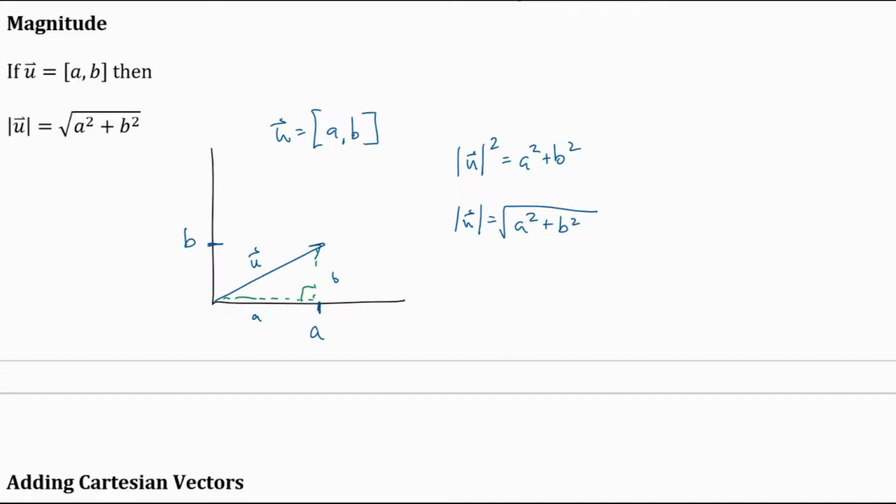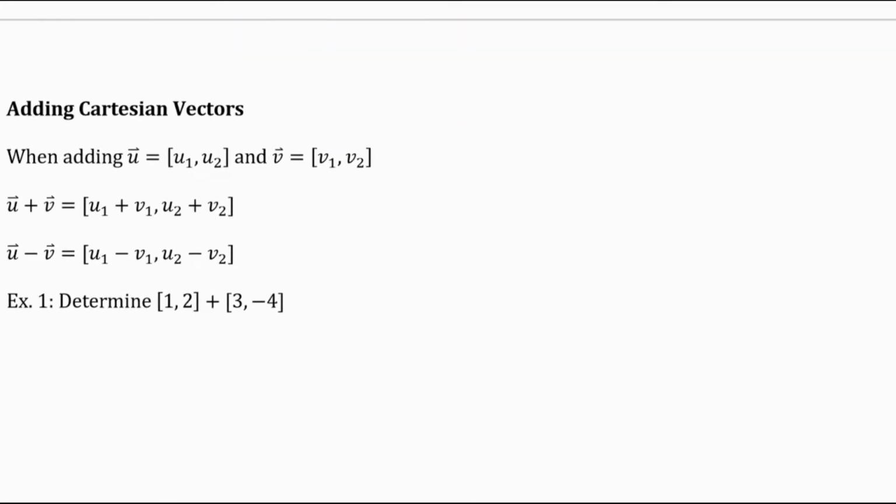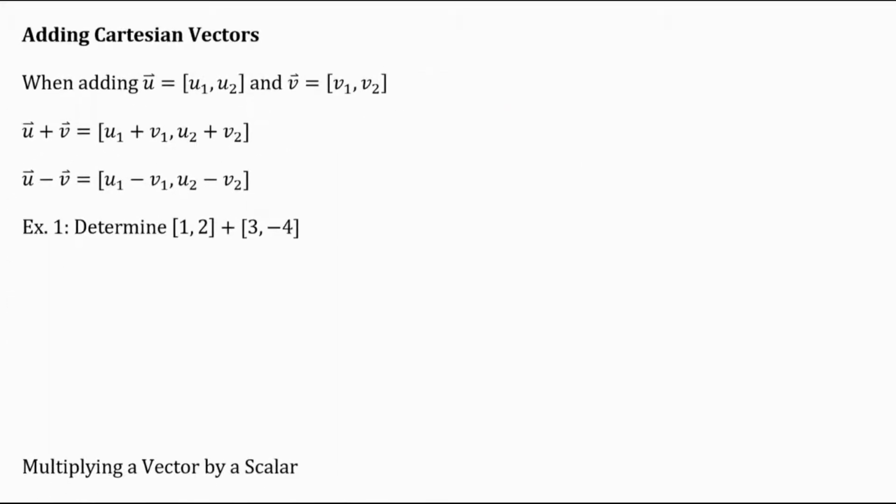That's an important definition. It's something that you may have to do a fair bit of to be able to find lengths or magnitudes of vectors in all kinds of different areas. Okay. I think that's that. Now let's look into some operations.